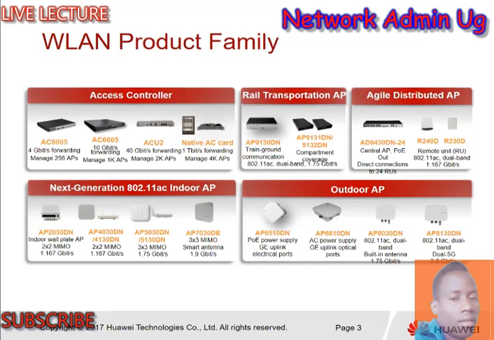So this card helps you to connect to various switches so that you can supply your access points with better connectivity speeds. It gives you a speed of up to 1 terabyte per second in forwarding mode. So it's one of the most powerful access controllers right now on the market.